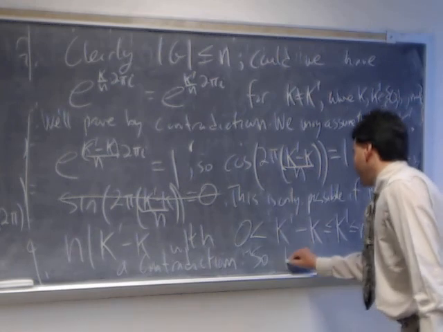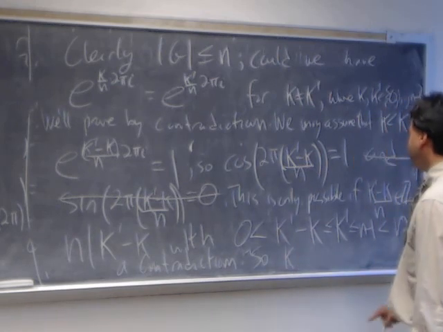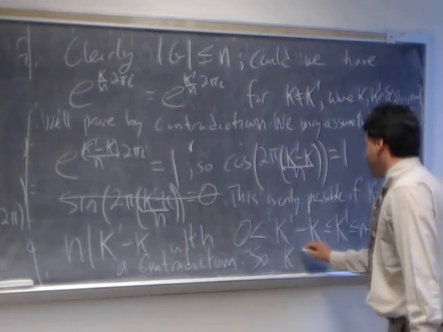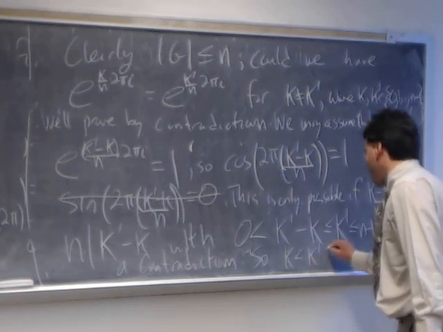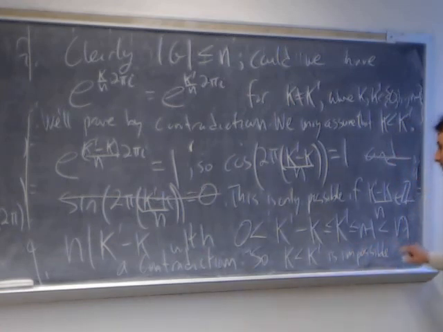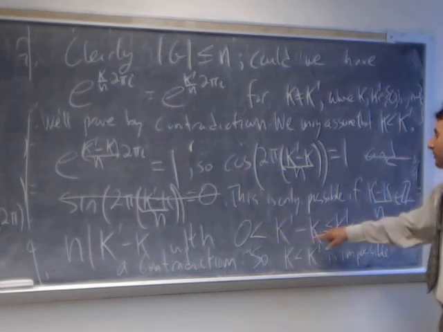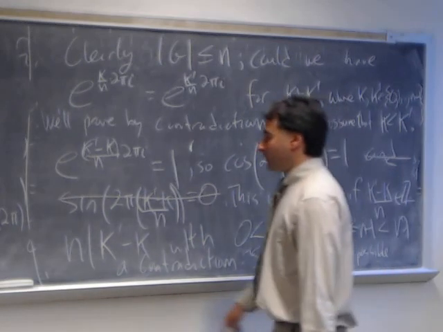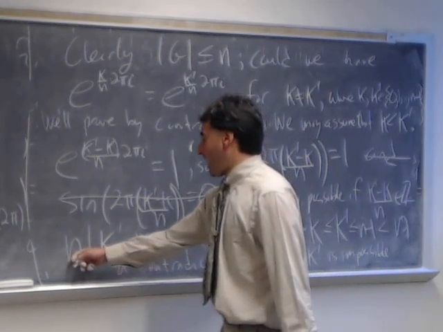So a positive integer strictly less than n divisible by n is impossible. Again, just to see the contradiction, this K prime minus K is a positive integer that's strictly less than n, but yet n divides it.